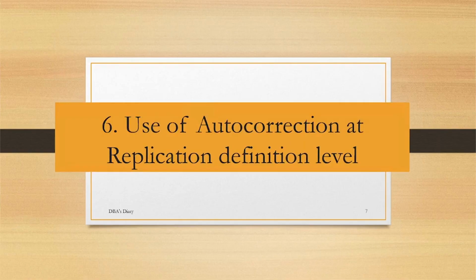Okay, now let's move to the next question. Use of auto correction at replication definition level. This is very handy when you have an environment where you have issues with the primary key or with the clustered index.